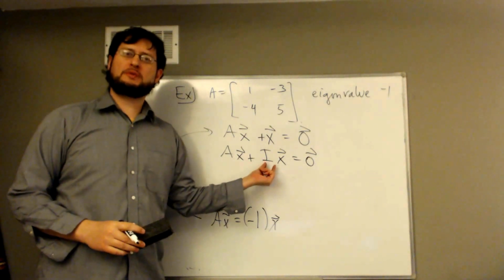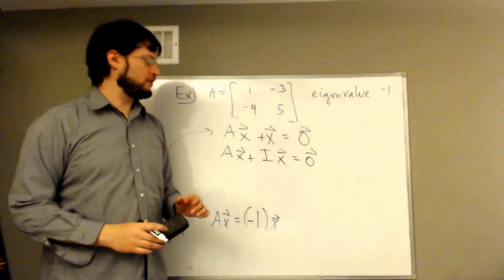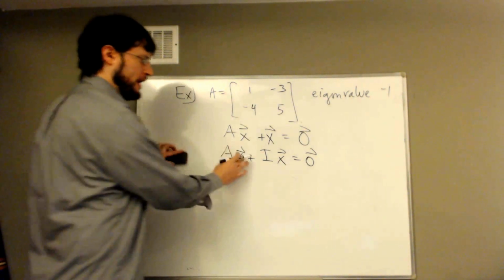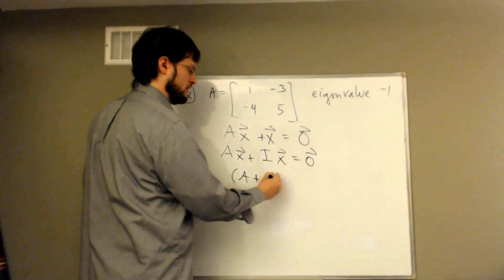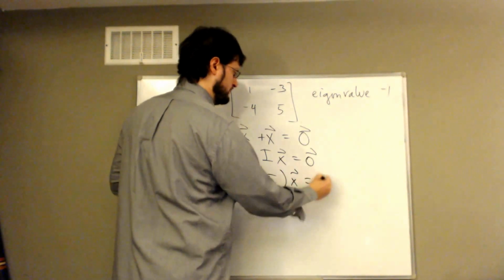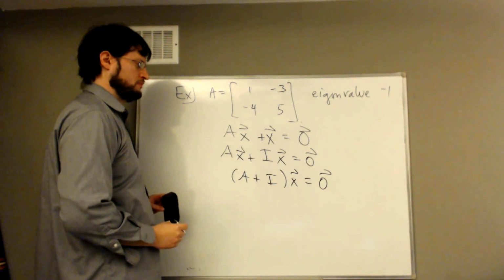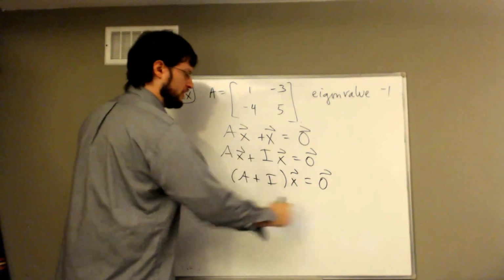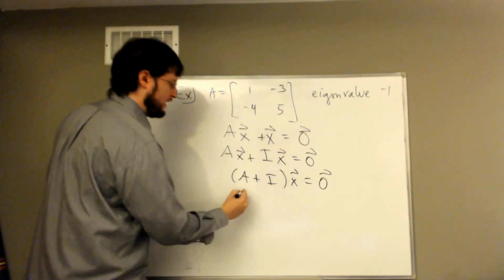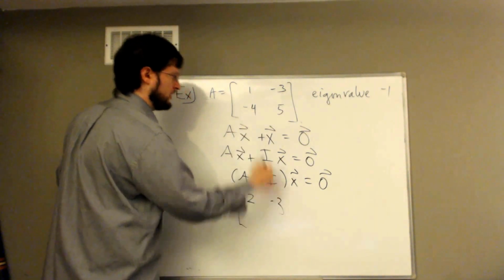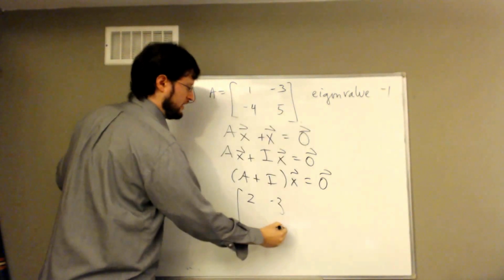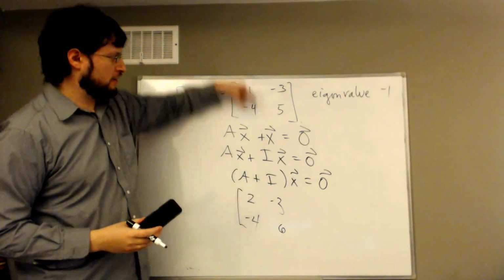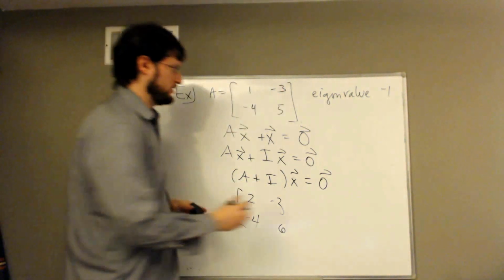Right, so the identity matrix, remember, is the matrix which has 1s on the diagonal. So I times x is just x, which means that now I can actually factor an x out on the right. And now I can say, what does A plus I look like? I has 1s on the diagonal, so when I add that to A, what I get is 2, because I have a 1 on the diagonal, and I get a 6, but the other pieces don't change. All right, so this is just 1s on the diagonal, so that changes that to a 2 and that to a 6.